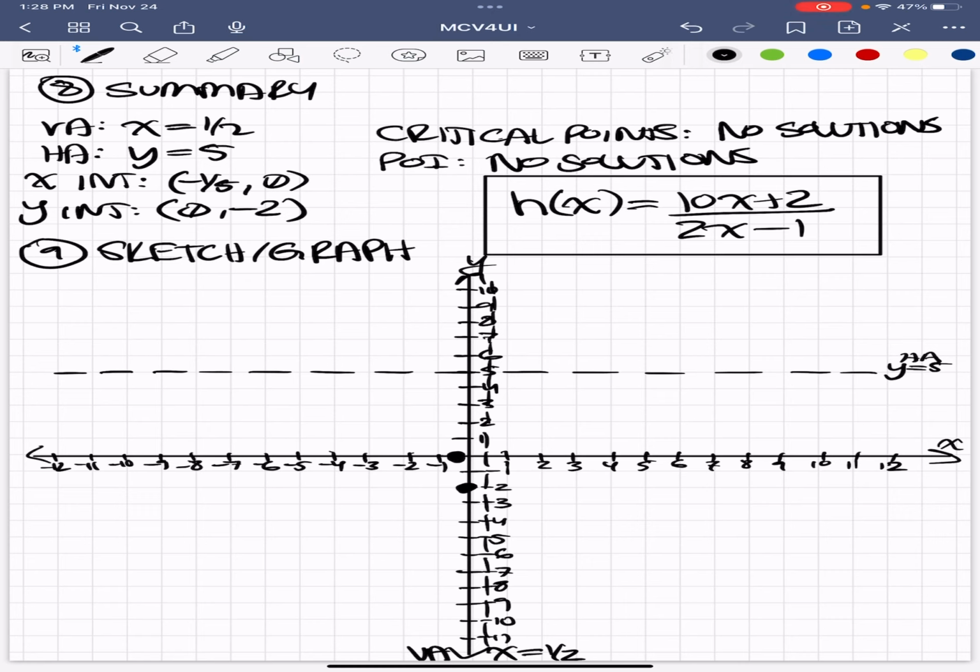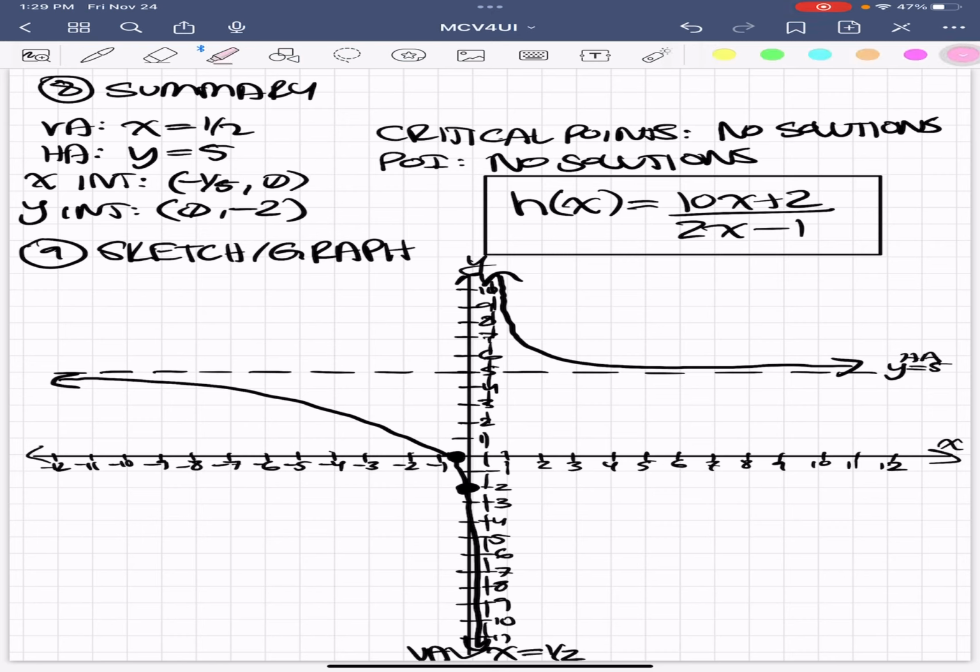So there's our x-intercept, and here's our y-intercept. And there, now it's graphed.